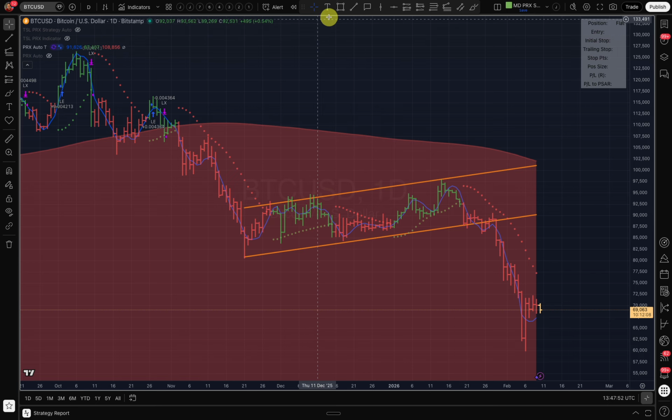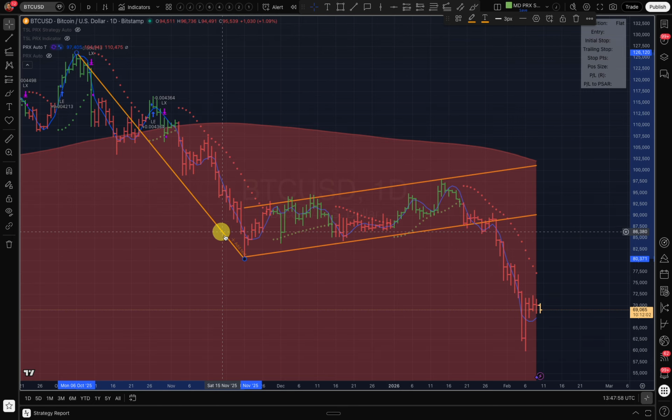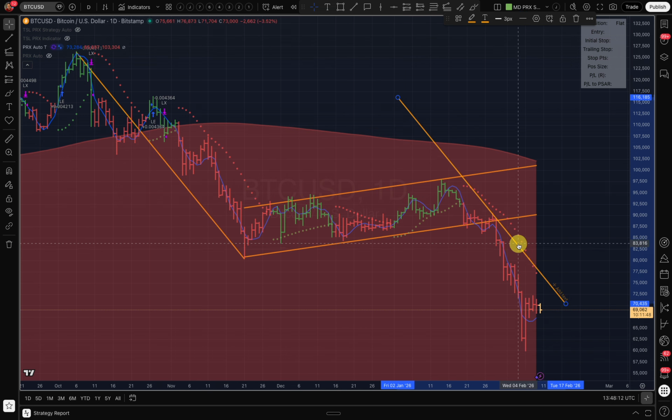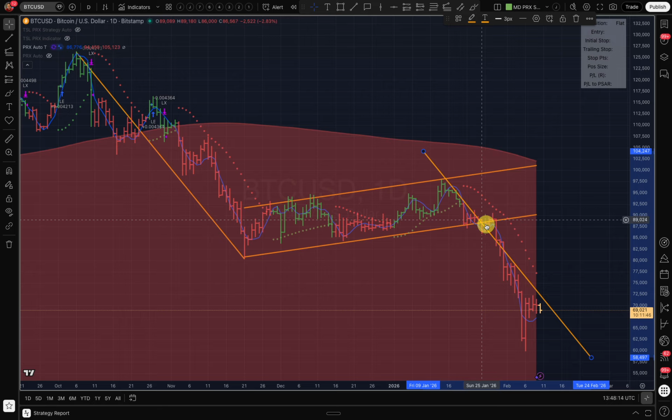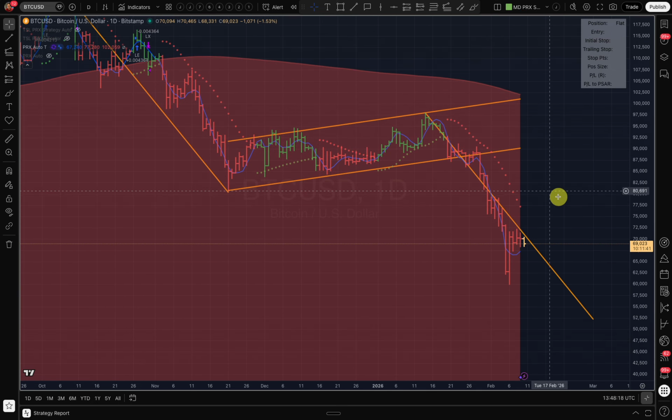Then if we did one more from the top here down to that low, that's the initial move down. And what I'm doing, by the way, is holding this command on a Mac. I think it might be control on Windows. If you hold that as you click, it makes another copy of that same trend line. So I would have thought that would end up back down at like 52.50.